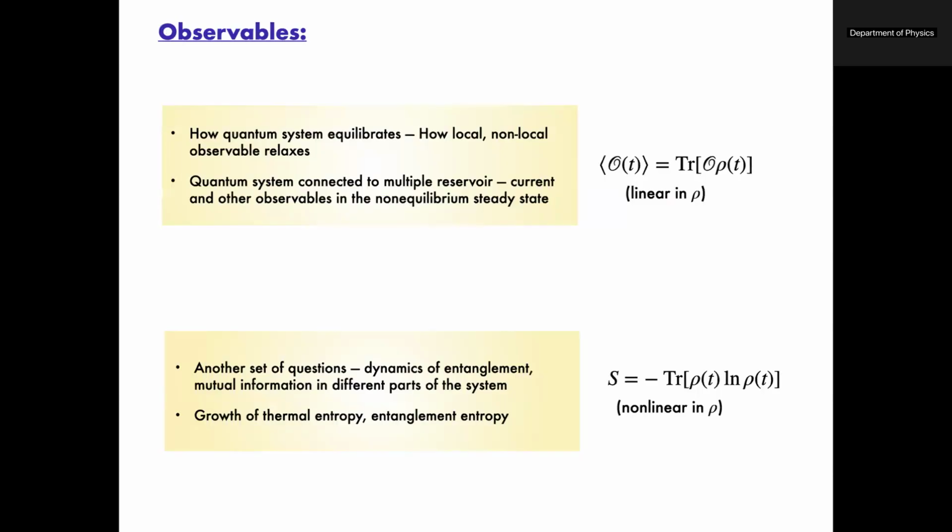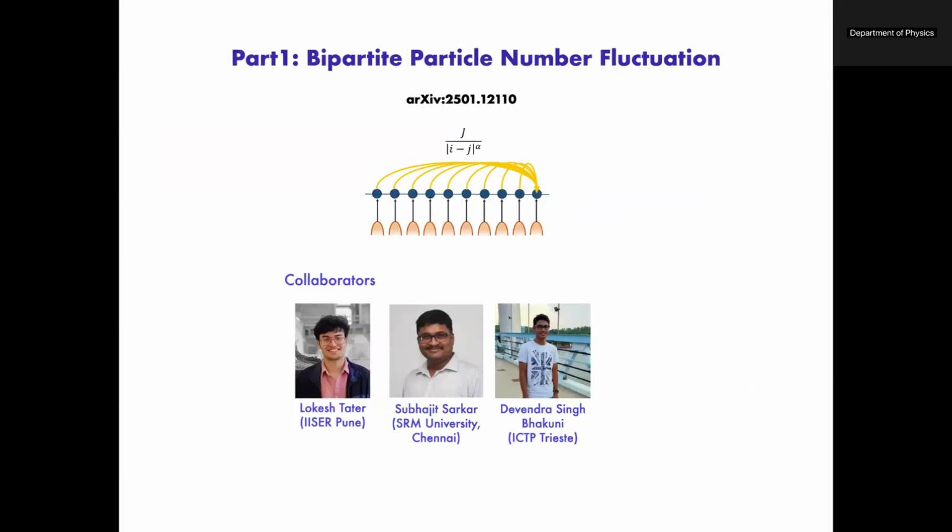So there is some cautious approach you have to take when you calculate certain things. Just take note that there are observables which will be linear in rho versus observables which will be non-linear in rho, and something might trouble you at some point, and we'll come back to that.